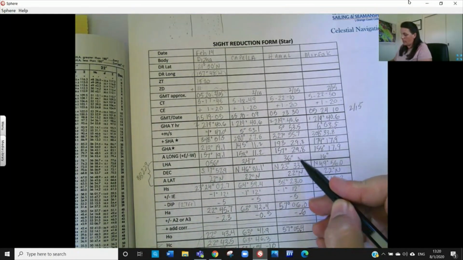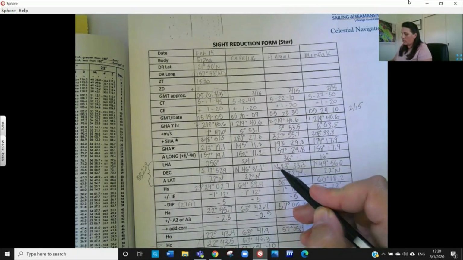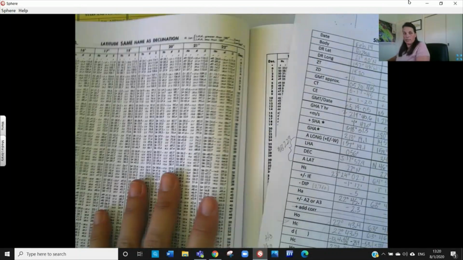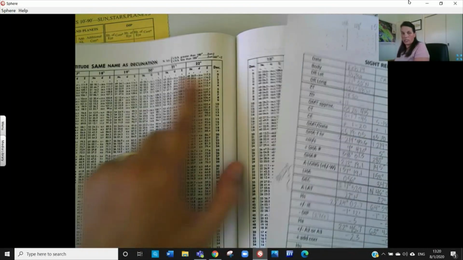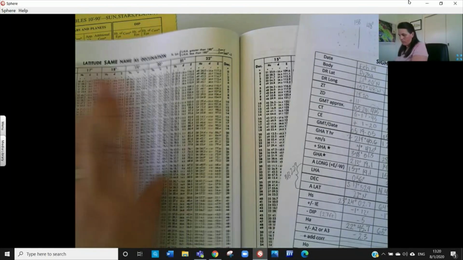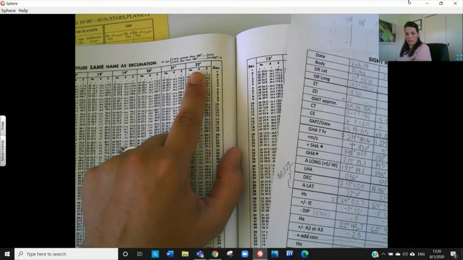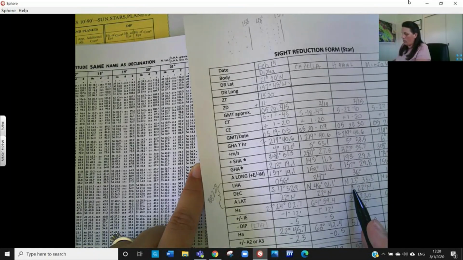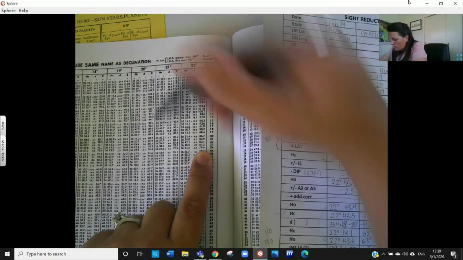So I have 36, declination north, and latitude north. So I'm going to be on this side with my 36 degrees LHA, 22 degrees latitude, and my declination is 2330, so right in between 23 and 24.